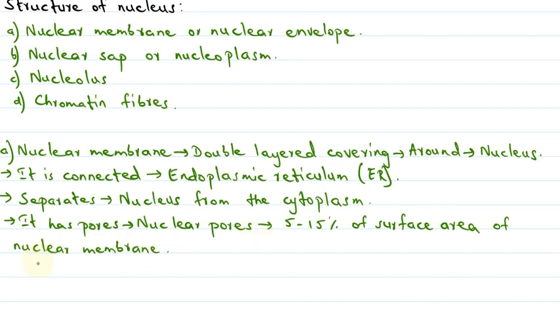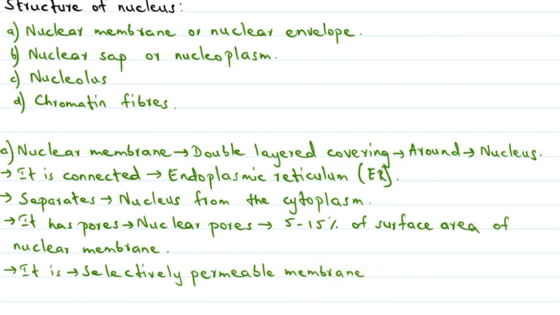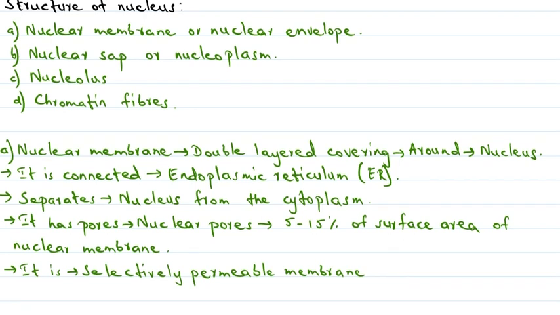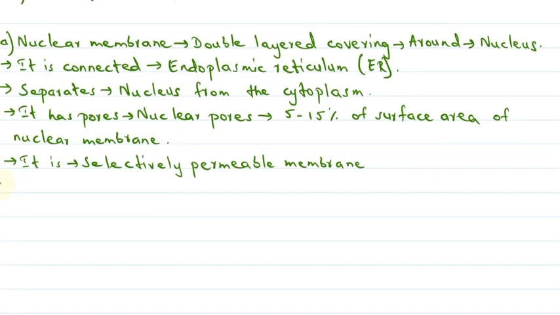So this nuclear membrane is thus a selectively permeable membrane, and the space between two nuclear membranes is called the perinuclear space.